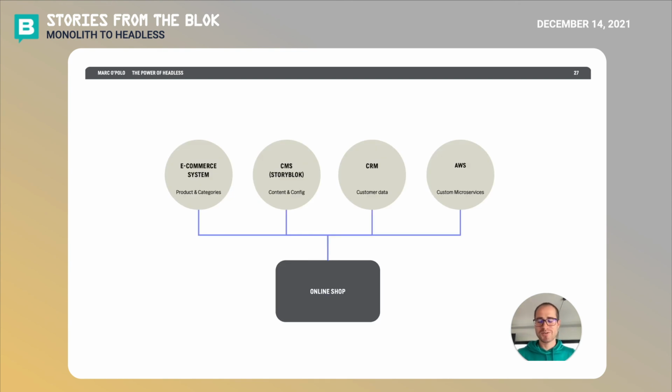Storyblok totally fits in an API-based architecture. It is really, really powerful because it's so simple. You have a tool which allows you to build kind of everything. It's not the question if it's possible, it's just a question of how you're going to approach it.